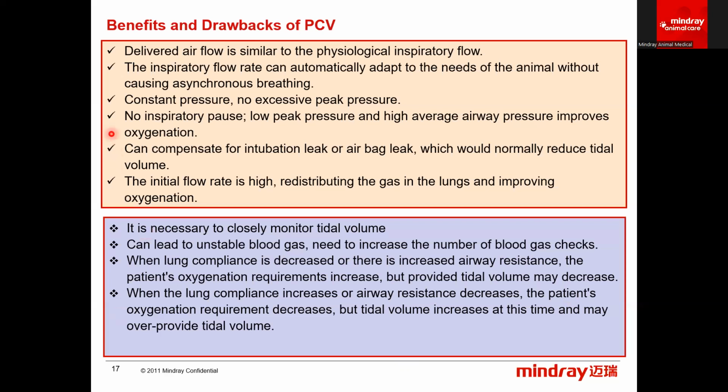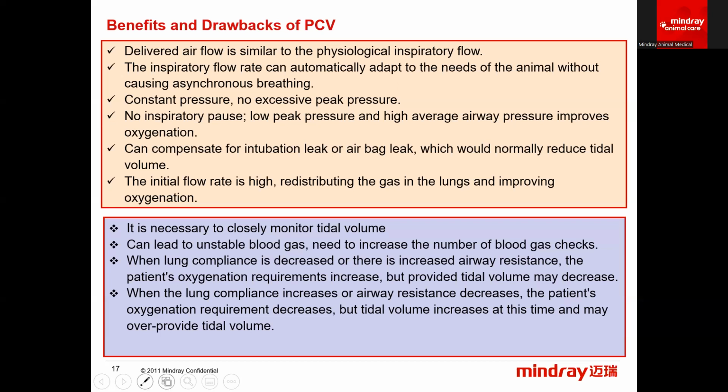So it's much more compensatory for leaks. And since the initial flow rate is high, it can help redistribute the gas in the lungs and thus improve oxygenation, getting the better gas exchange from your endotracheal tube all the way down to those most distal alveoli.